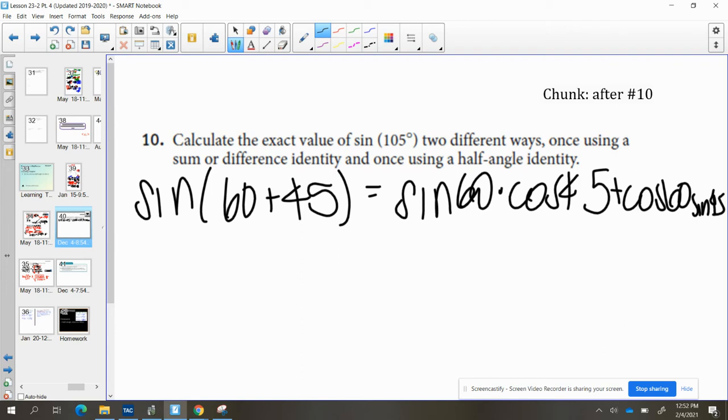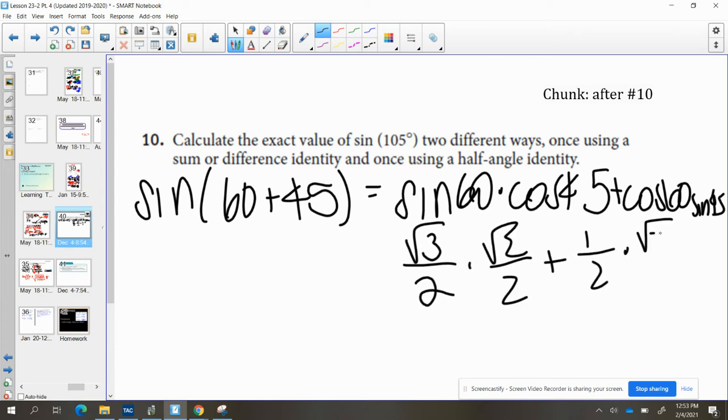So we would have the sine of 60 is square root of 3 over 2 times square root of 2 over 2 plus 1/2 times square root of 2 over 2 for a final answer of square root of 6 plus square root of 2 all over 4, right?